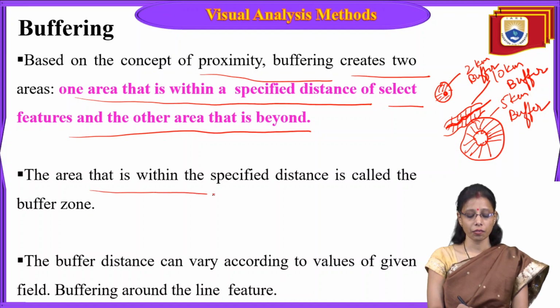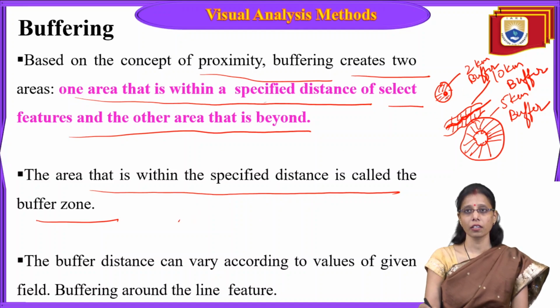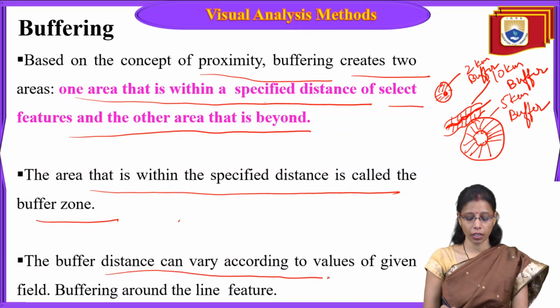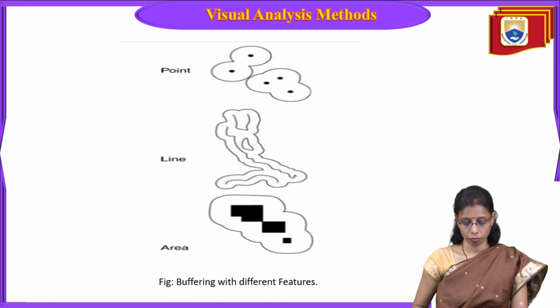The area that is within the specified distance is called the buffer zone. Within the specified area, like 2 kilometers, 10 kilometers or 5 kilometers, is called the buffer zone. The buffer distance can vary according to the values of a given field. Buffering around the line feature is like here.